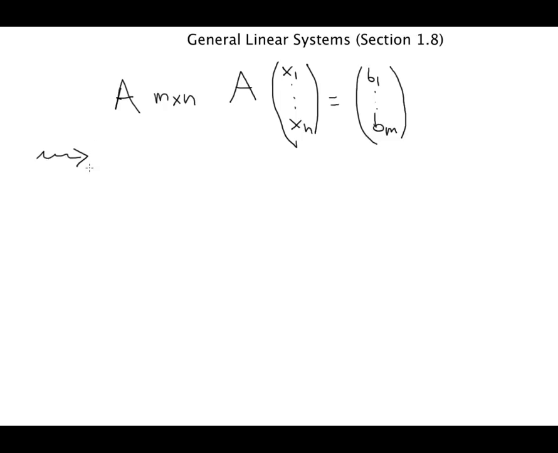Generalized Gaussian elimination allows you to reduce A by row operations to assume that it's in row echelon form. I haven't discussed that process yet, but let's assume that we've done that. And the question is, what can we tell about the solutions by the properties of this row echelon matrix? And I'll state this as a theorem.